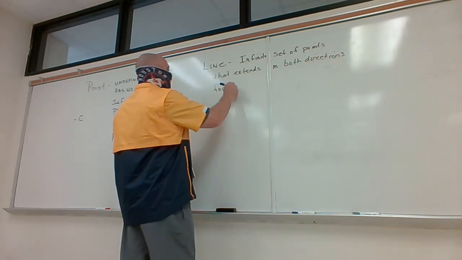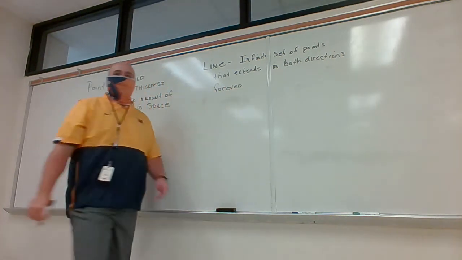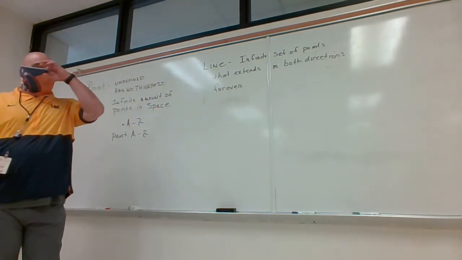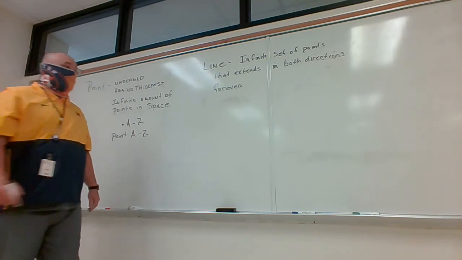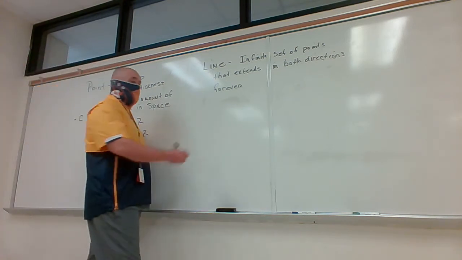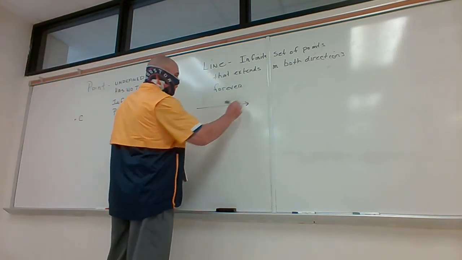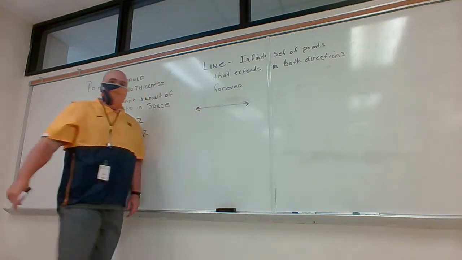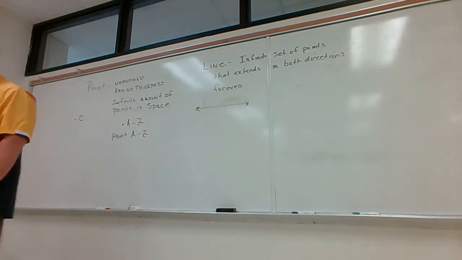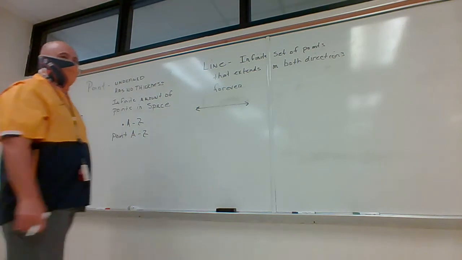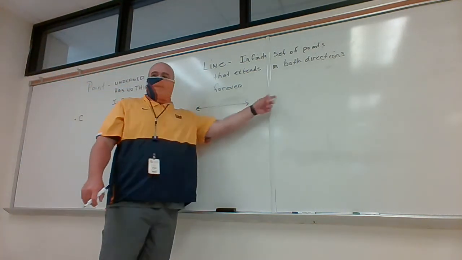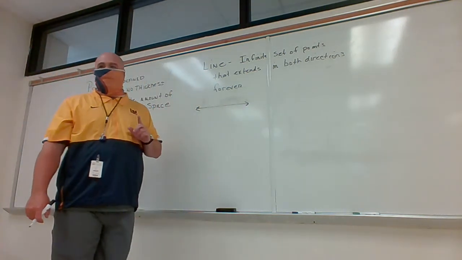And I'll just put forever. That's not really a mathematical term. And a line in geometry looks like this when you write it down on paper. It's got two arrowheads on both sides. Why does it have two arrowheads on both sides? It shows forever in both directions.